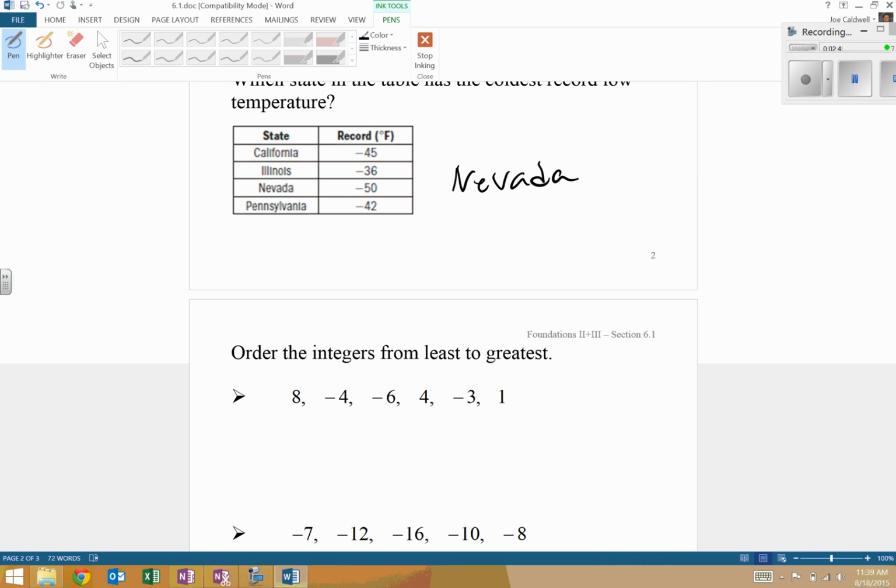Or if we order these, again, let's check things off as we go. We're going to look for the biggest negative number, which actually is the smallest of all of them. So in this case, it's going to be negative 6. Where'd my negative sign go? Okay. Negative 4. Negative 3. 1, 4, and 8.